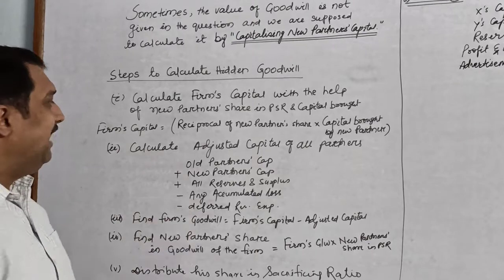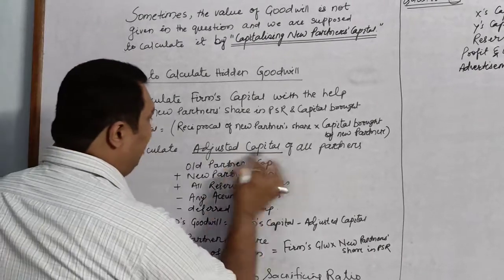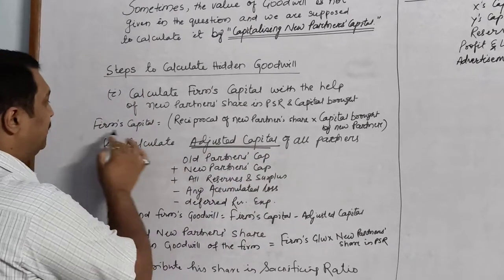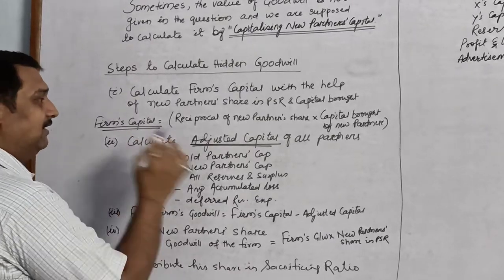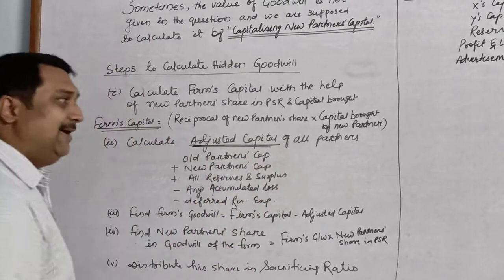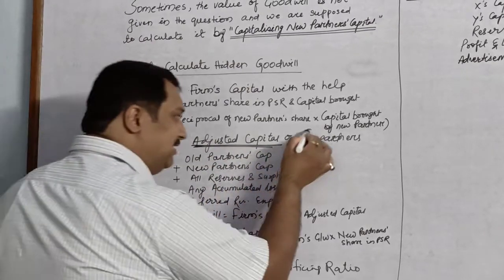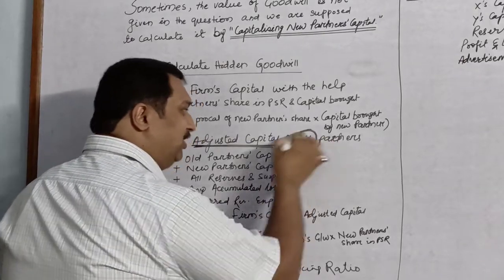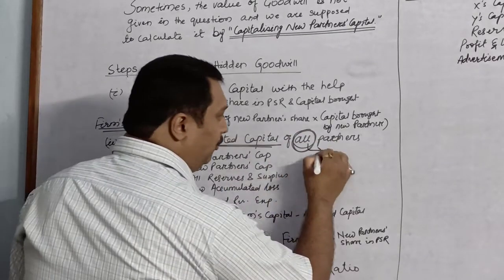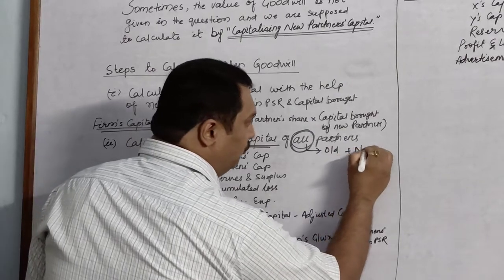Second step is to calculate the adjusted capital. First step is to calculate the firm's capital. Second one is the adjusted capital of all partners. And once again I repeat, all partners, including old plus new.